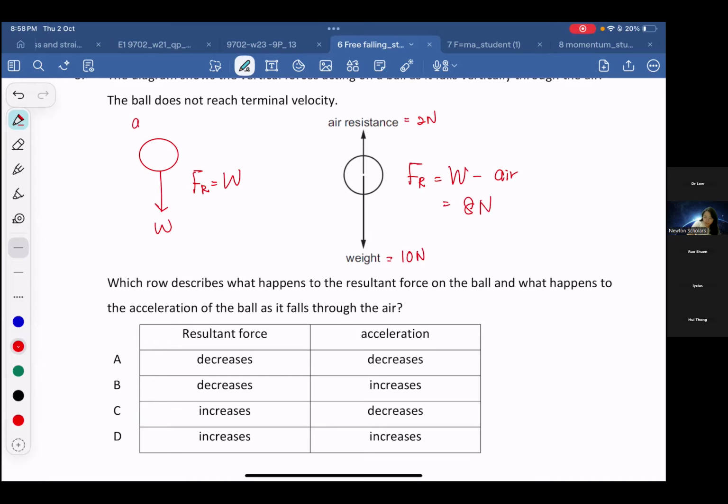At the start, T equals 0, the resultant force is, let's say, 10 Newton, fully the weight. So if you compare, you will find that the resultant force decreases. Am I right? If your resultant force decreases, you will not accelerate that fast. You're still increasing the speed, but not that fast. So the answer should be A.